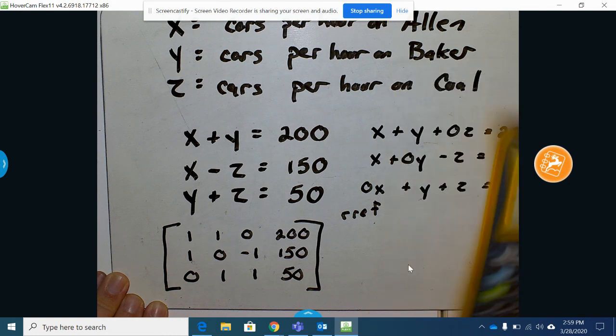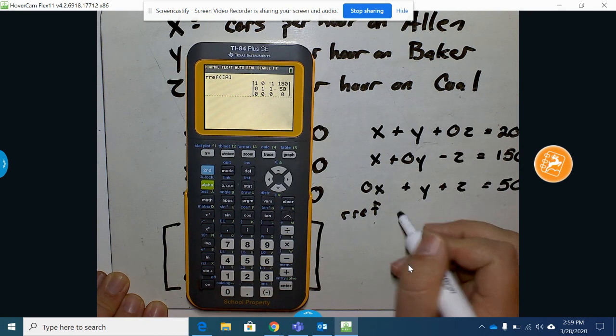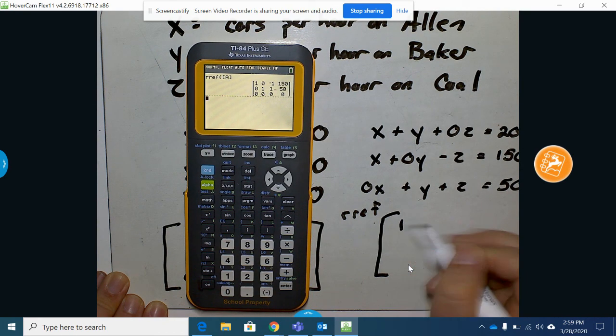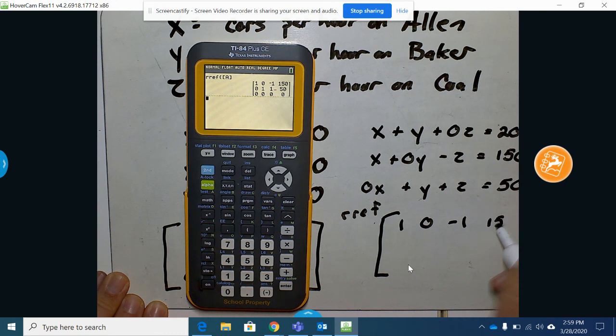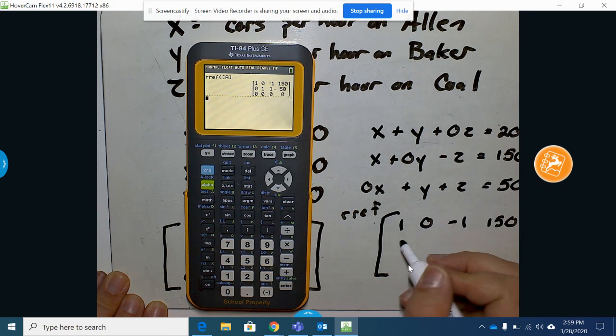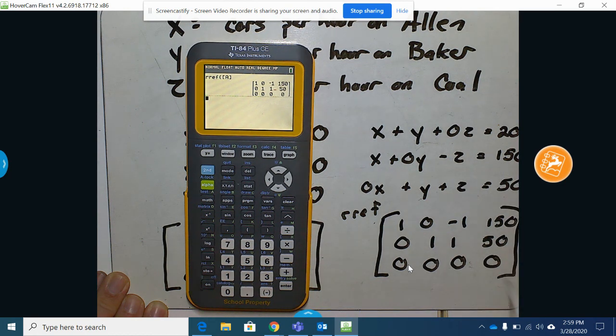And as you can see, I have something interesting happening. What I have is 1, 0, negative 1, 150. I have 0, 1, 1, 50. Then I have 0, 0, 0, 0. So what does that tell you?